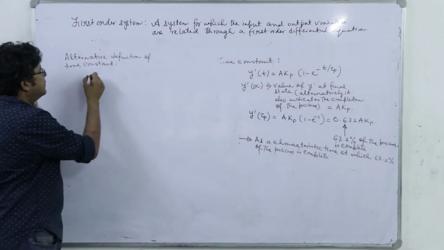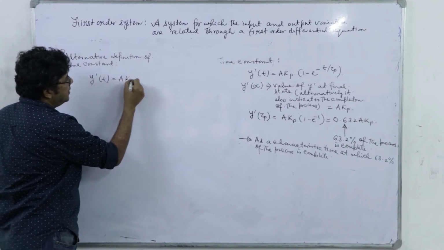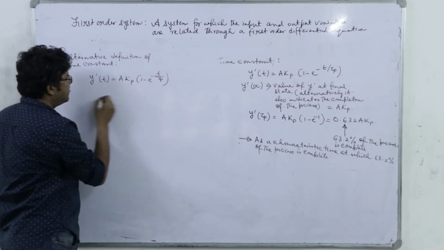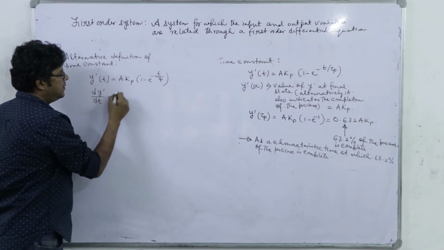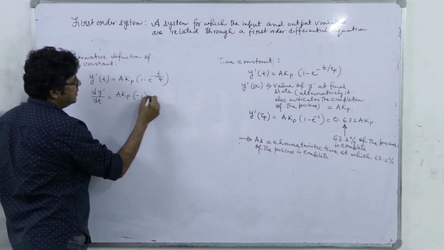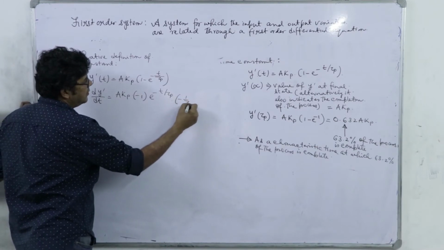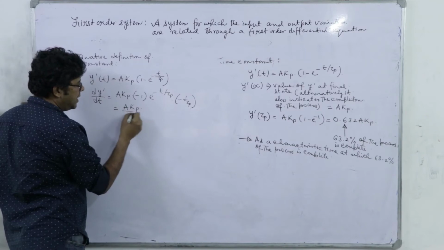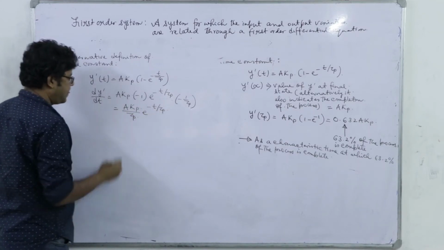So, you see this y prime t = A K p (1 - e^(-t/tau p)). So, dy prime/dt is A K p times (-1) e^(-t/tau p) times (-1/tau p). So, finally, it becomes (A K p / tau p) e^(-t/tau p).